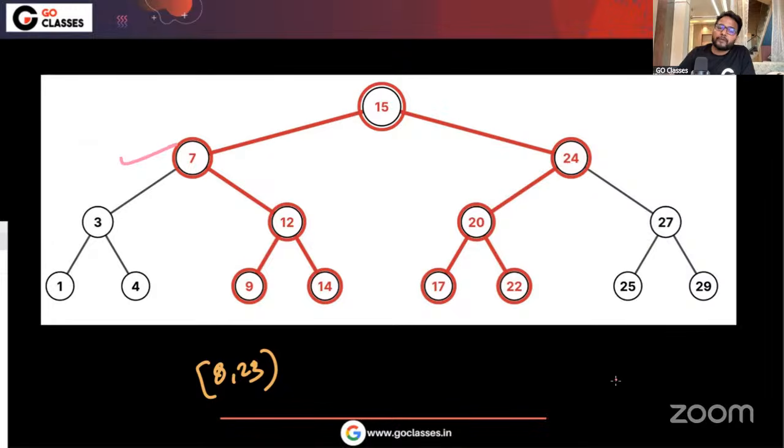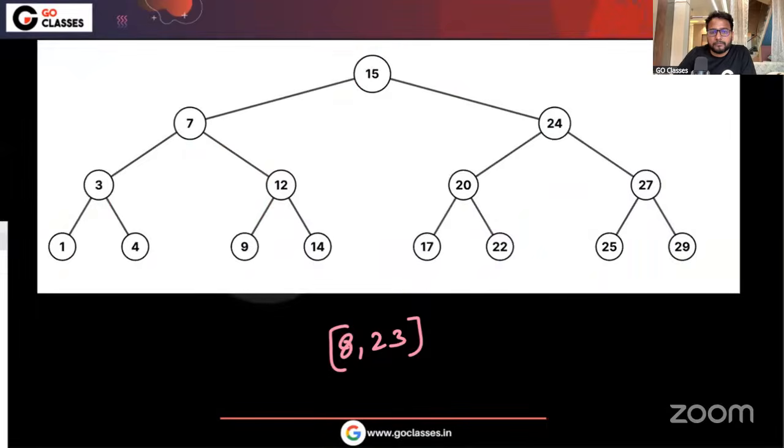At most you can get two extra nodes. For example, if you are searching something between 14 and 17, then for 14, you will say that this is in the range, so you will go left and right both.